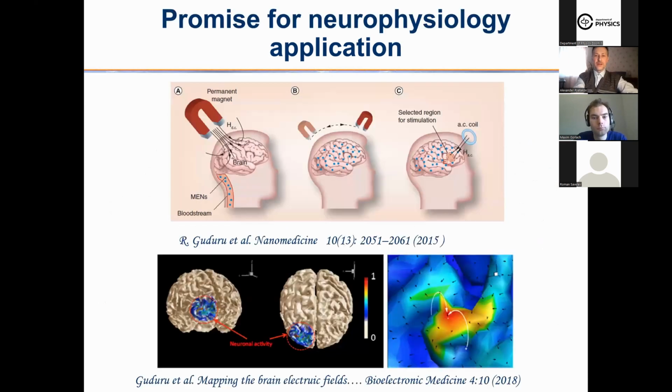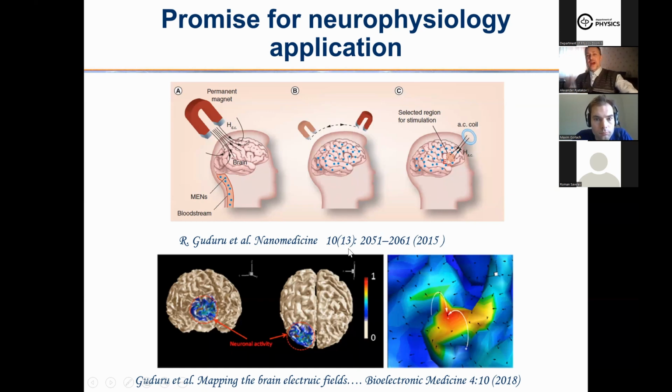And a futuristic and maybe a bit terrifying promise of these magnetoelectric particles is their usage in neurophysiology. They can cross the blood-brain barrier and distribute in the brain.